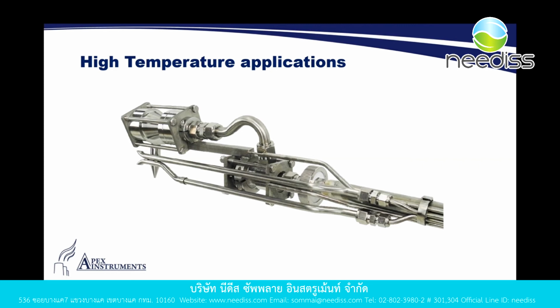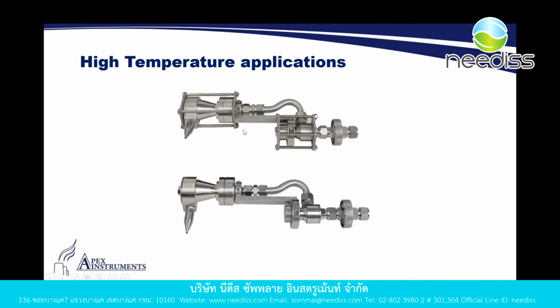So for high temperature applications, we actually have a design that uses this particular bolt together design. So you can see both of those designs here. They look almost identical to each other, except instead of in here where we have the threads, so we can put these two pieces together, these two pieces of steel here are smooth.